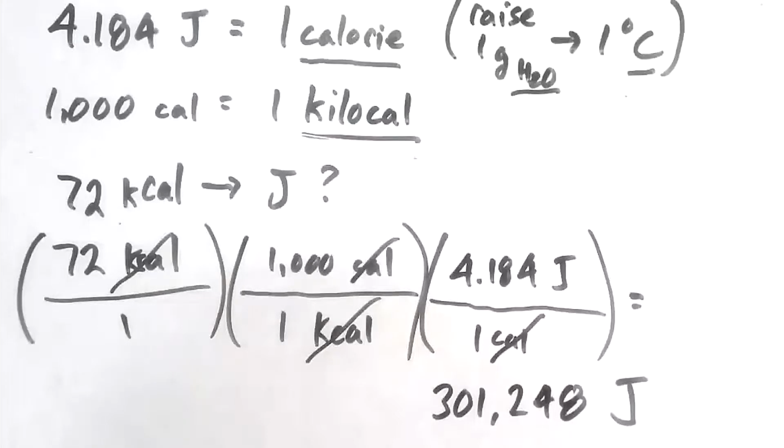So as you can see, these factors where we convert units of pressure or units of energy are pretty much all the same. And so we simply have to get in the habit of writing our given as a fraction over 1, and then identifying the common terms that we want to get rid of, which will help us figure out how to set it up.